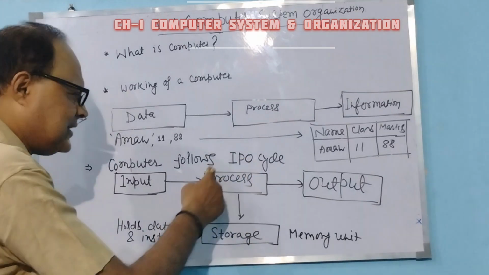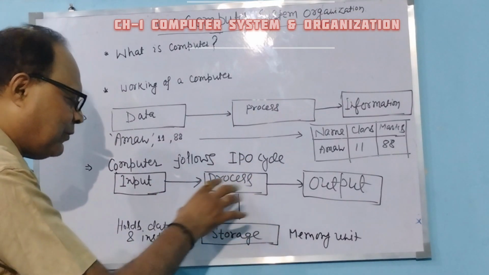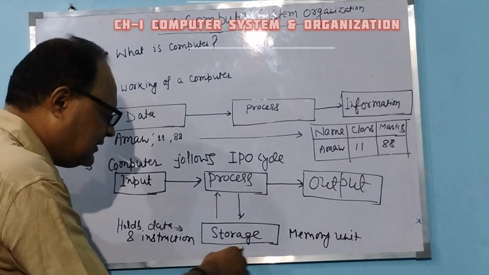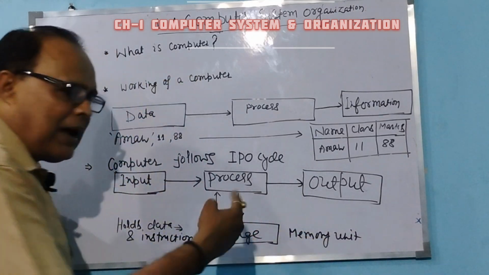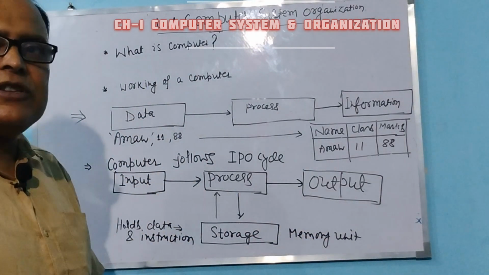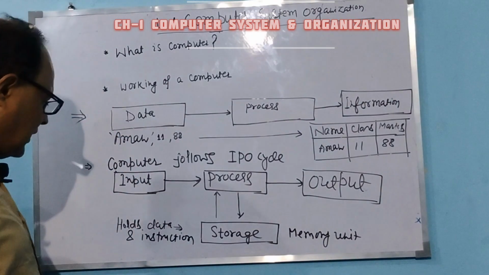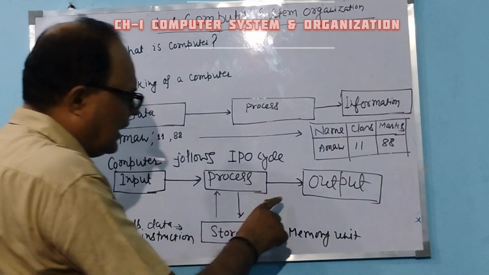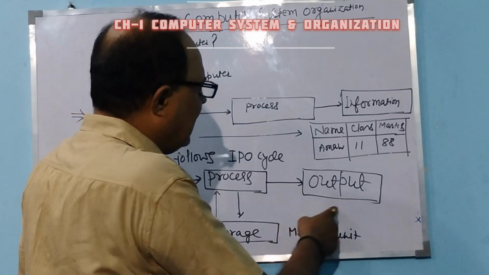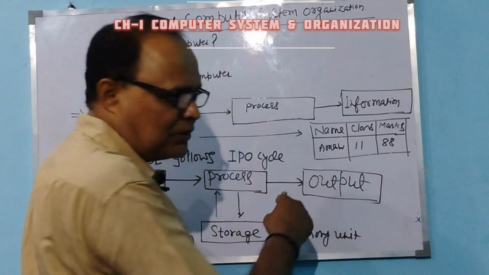In the processing time, it saves some information, that is called storage. It is in the memory unit. Memory unit is related to storing information, and it holds data and instructions. After processing instructions, it will produce output.